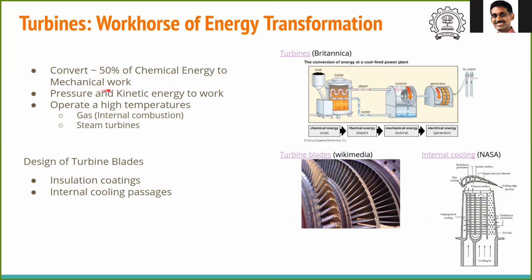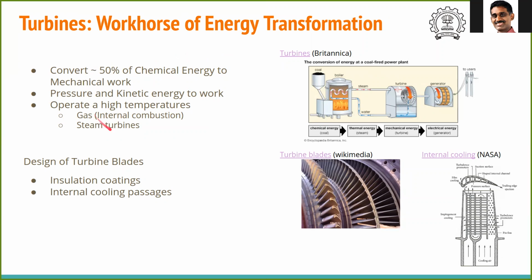But more than 50% is used for mechanical work, and that is done by turbines. All the pressure and kinetic energy, like in hydro energy, is converted through turbines. So turbines are actually the workhorses, transforming any of this chemical and potential kinetic energy to work.